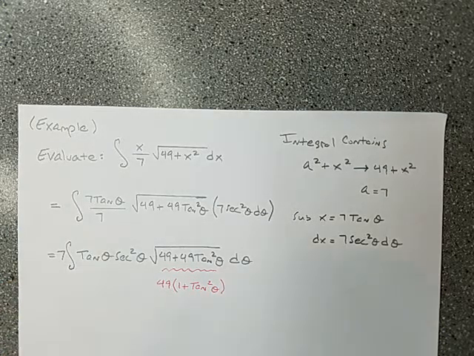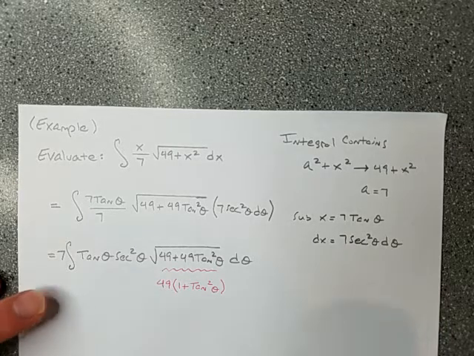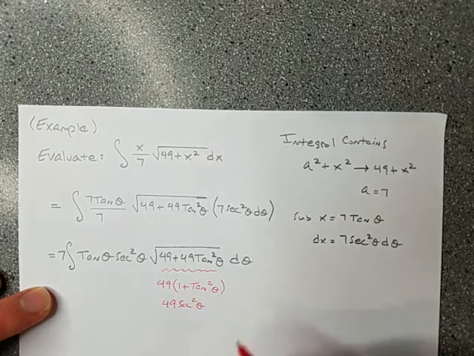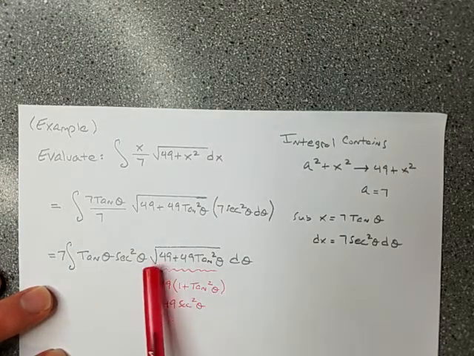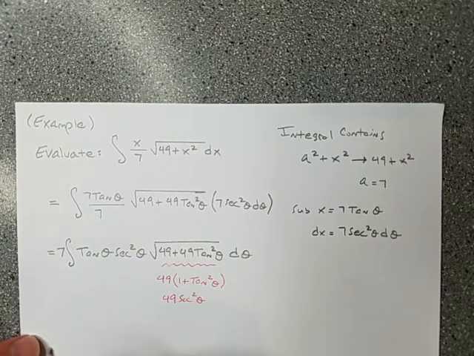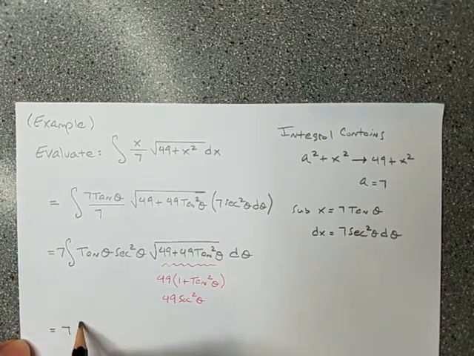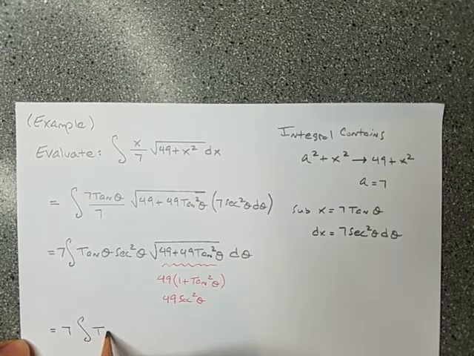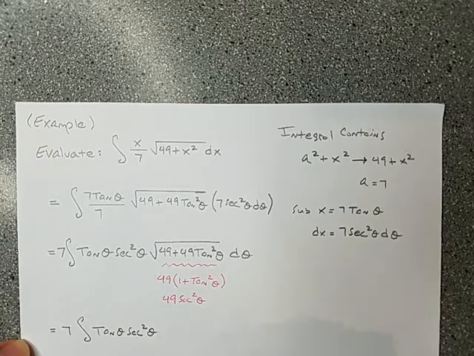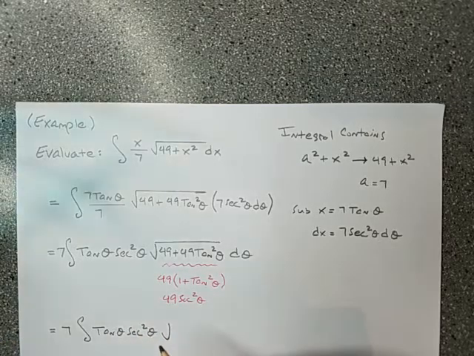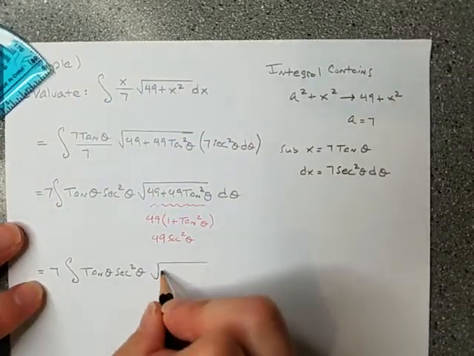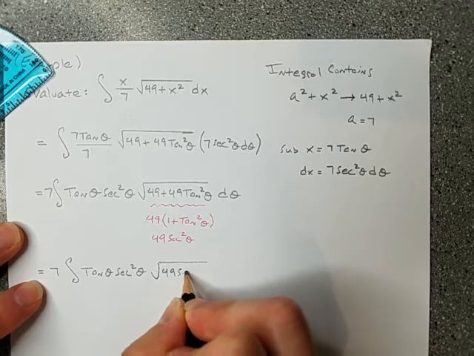Then 1 plus tangent squared is secant squared, so I'm looking at 49 secant squared theta. That's really what's sitting under that root. So let's reevaluate it that way. I've got my 7, tangent theta, secant squared theta, and now this root. I think math should be neat; it's easier to follow that way.